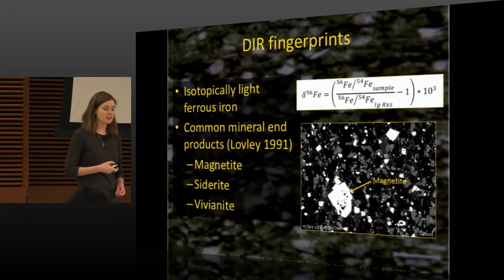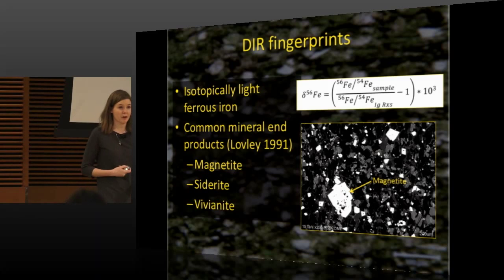If you get a positive delta 56 iron value, that means you're enriched in the heavy isotope relative to igneous rocks. And if you get a negative value, that means you're depleted in the heavy isotope. This process also enables the formation of certain minerals, such as magnetite, siderite, and vivianite. So combining isotopes and minerals, we can find DIR in the rock record.